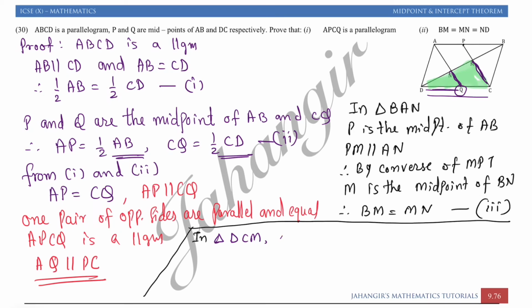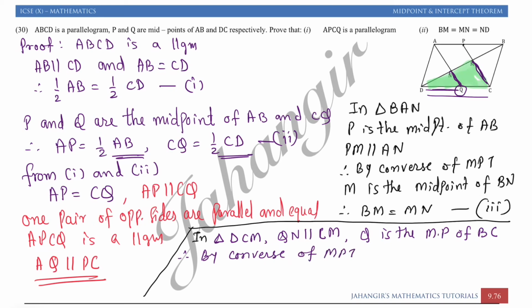First is QN is parallel to CM. Second is Q is the midpoint of DC. So therefore by converse of midpoint theorem, we can say N is the midpoint of DM. So therefore I can say MN is equal to ND.